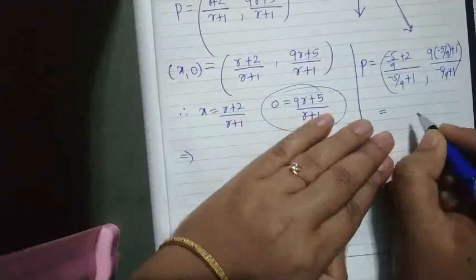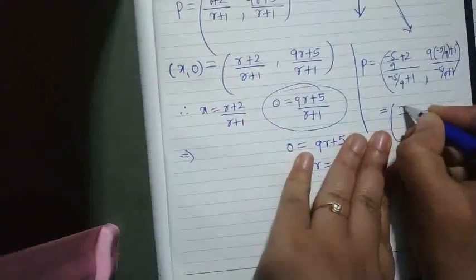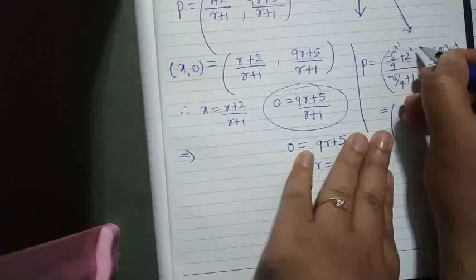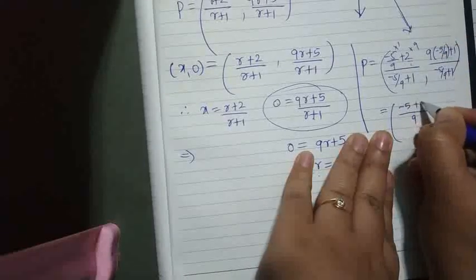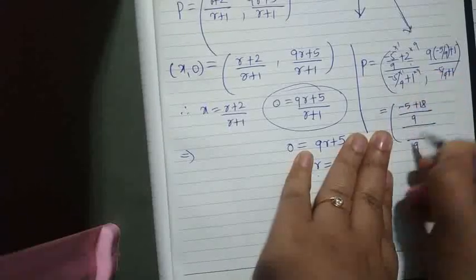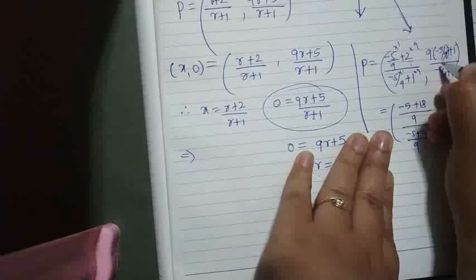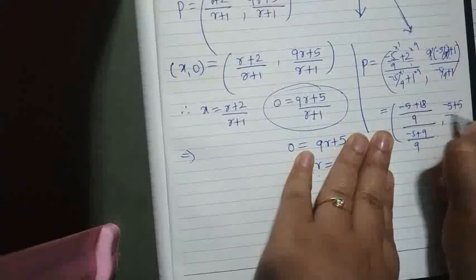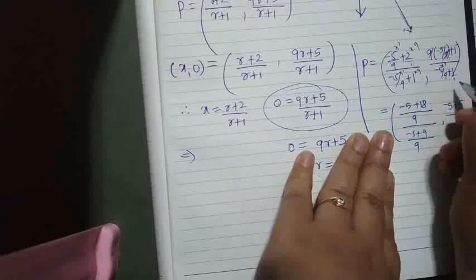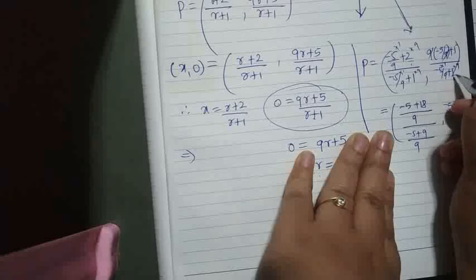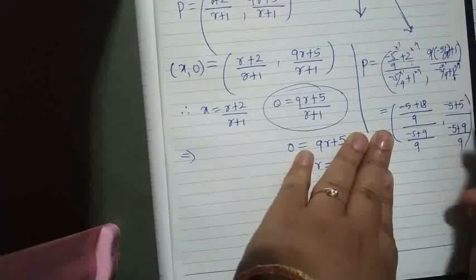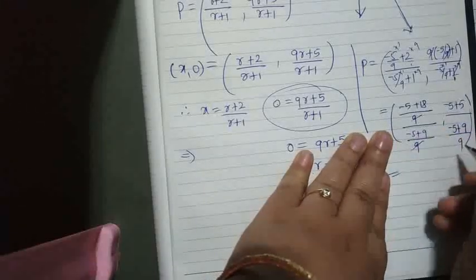Taking the LCM, which is 9, we get minus 5 plus 18 over 9, divided by minus 5 plus 9 over 9. In the second coordinate, minus 5 plus 5 gives 0. The 9s get cancelled.